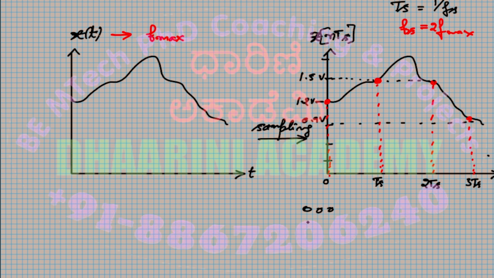Because everything is binary, 000, 001, up to 111. If this is 0, this is the first sample, the second, third, fourth, fifth, sixth, seventh and eighth, let's assume we have 8 values vertically. 8 different discrete values are possible, which means you can give the code like 000, 001 and so on.